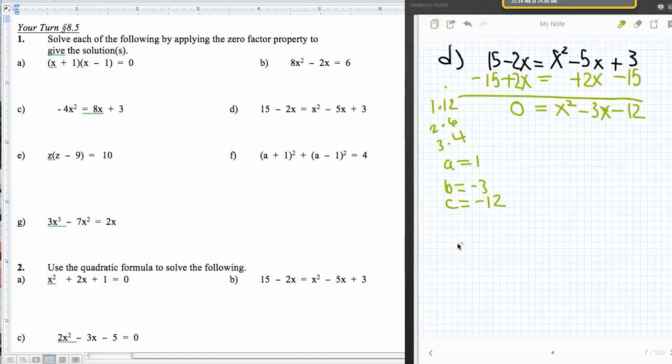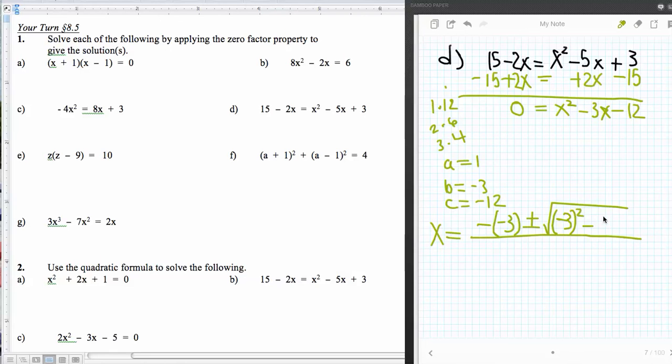So here we have x is equal to the negative of negative 3, plus or minus the square root of negative 3 quantity squared minus 4 times 1 times negative 12, all over 2 times 1.